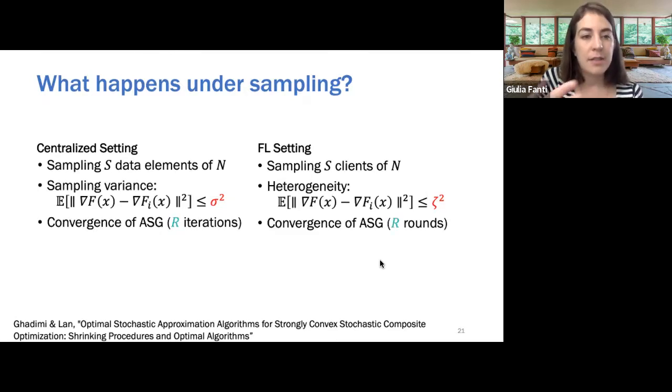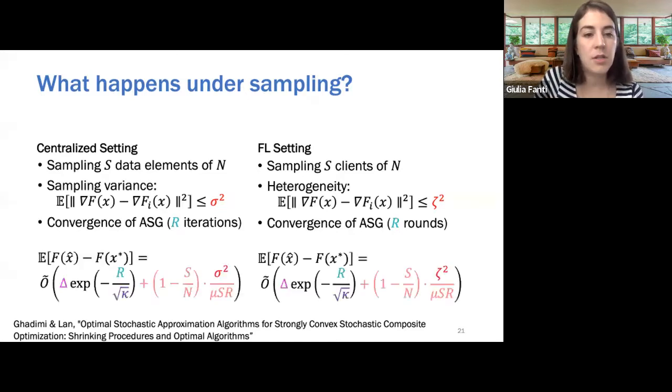Given these assumptions, we calculate the convergence of accelerated stochastic gradient descent over R rounds or R iterations of optimization and get these expressions that look effectively identical, except in one expression, we have the heterogeneity parameter, which is what we saw on the previous slide.